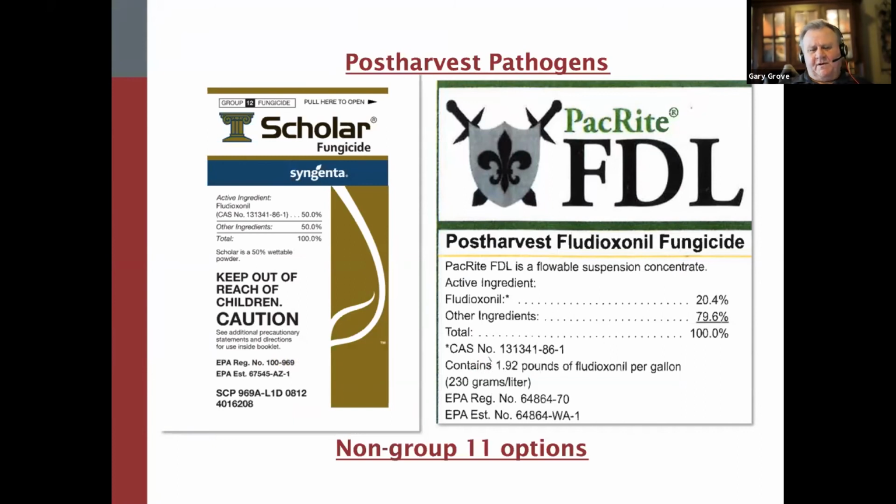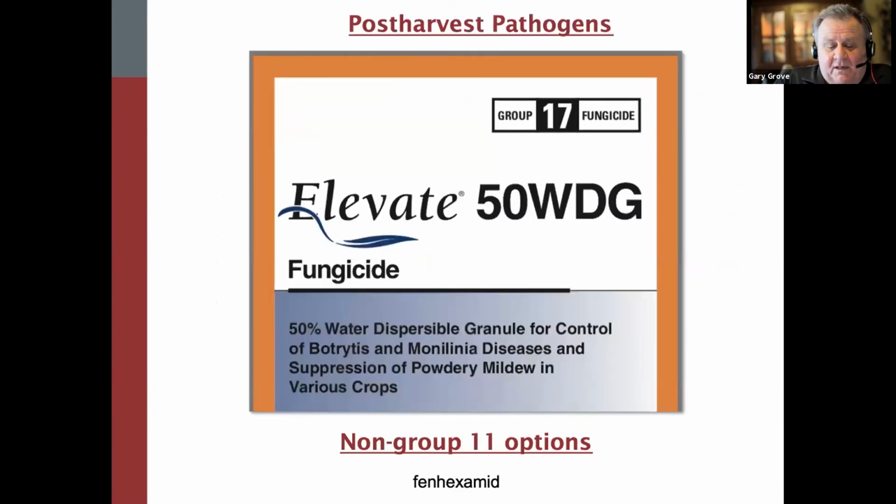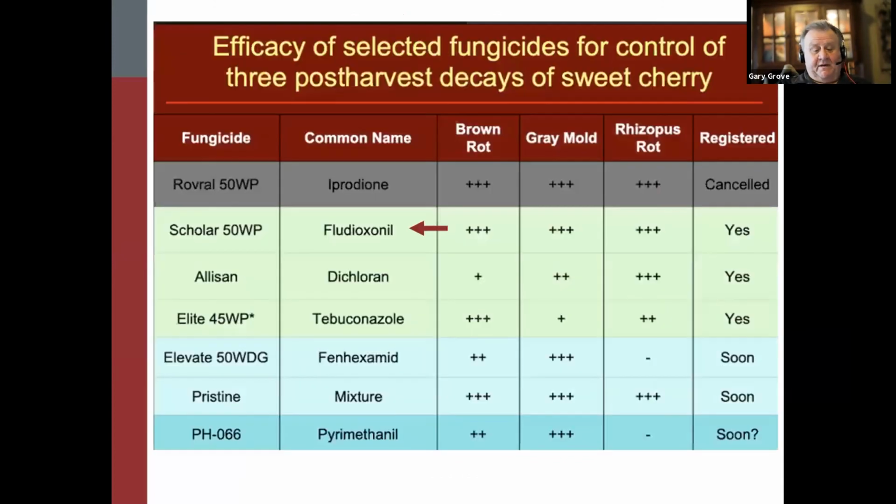So there are other compounds that can either go in the tank or be used post-harvest that can help with post-harvest pathogens. And one of those is fludioxonil, known as either Scholar or FDL, or Elevate, fenhexamide. These compounds will also control post-harvest cherry pathogens such as botrytis and brown rot.